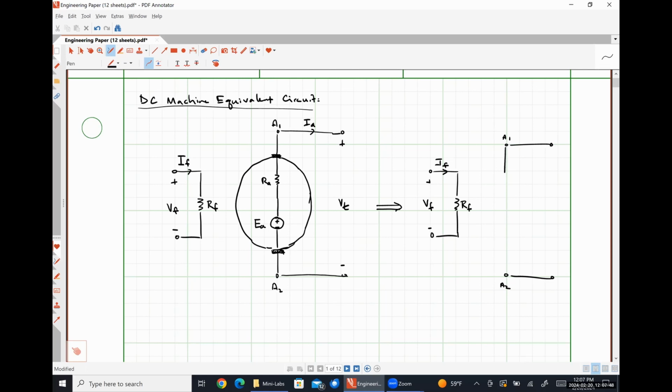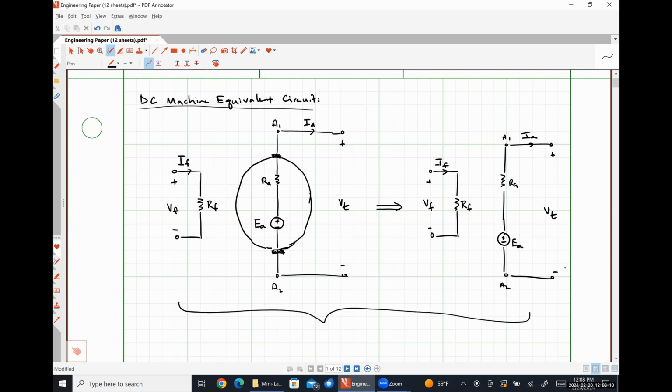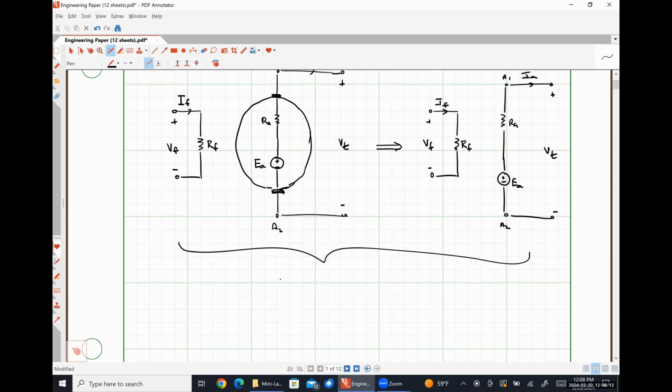And I'm just going to put RA in series with my induced voltage EA. Here, this is my terminal voltage VT. Here's my armature current IA. And so this is, generally speaking, what we're dealing with in a DC generator.